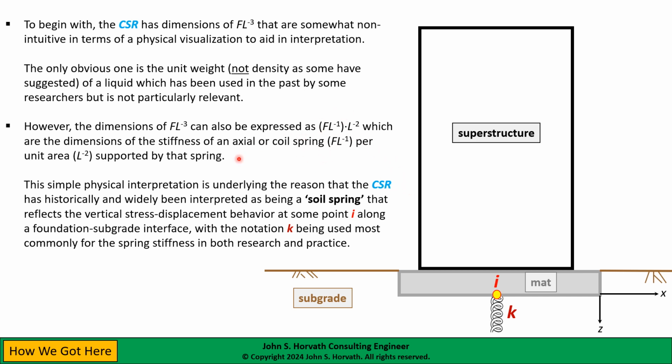It's simply by breaking down its dimensions. So we can visualize the coefficient of subgrade reaction as a soil spring that reflects the stress displacement behavior at some point i along a foundation subgrade interface, and the lowercase k is the notation I've seen used most commonly and universally for this spring stiffness in both research and practice.